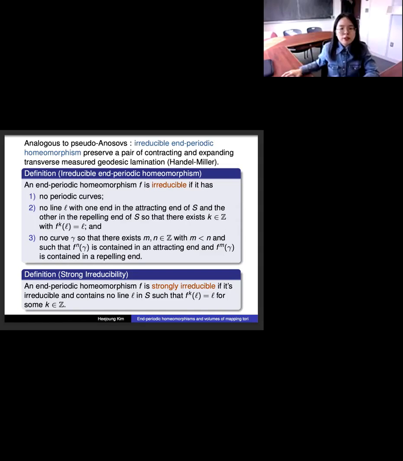For a reducible homeomorphism, if there are no periodic lines, then we say the homeomorphism is strongly reducible end periodic. So we just add one more condition for the lines, periodic lines.